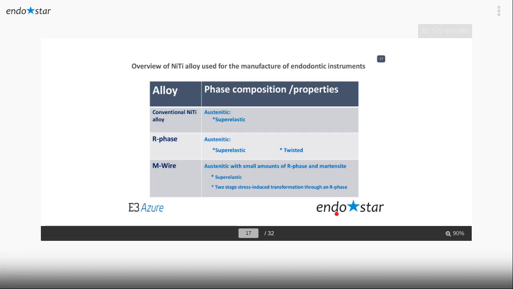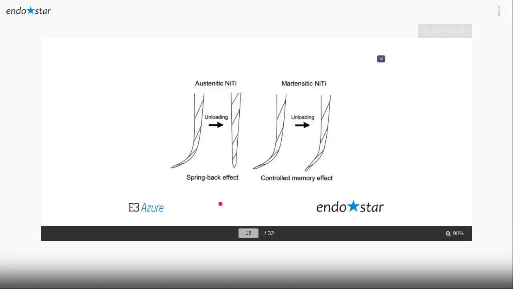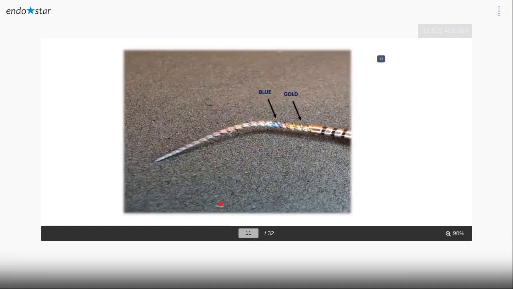Okay. Now, I will try to go a little bit slower so I can speak about some cases. Nickel titanium alloy, as I have said before in this picture, if you remember, I want to return back to it. Different heat treatment and different nickel to titanium proportions give you different colors and different mechanical properties that impact your work.